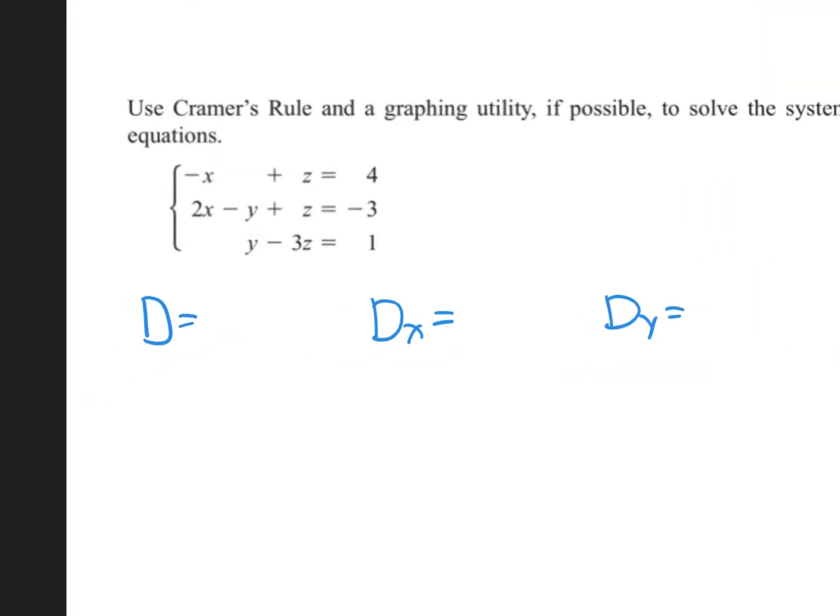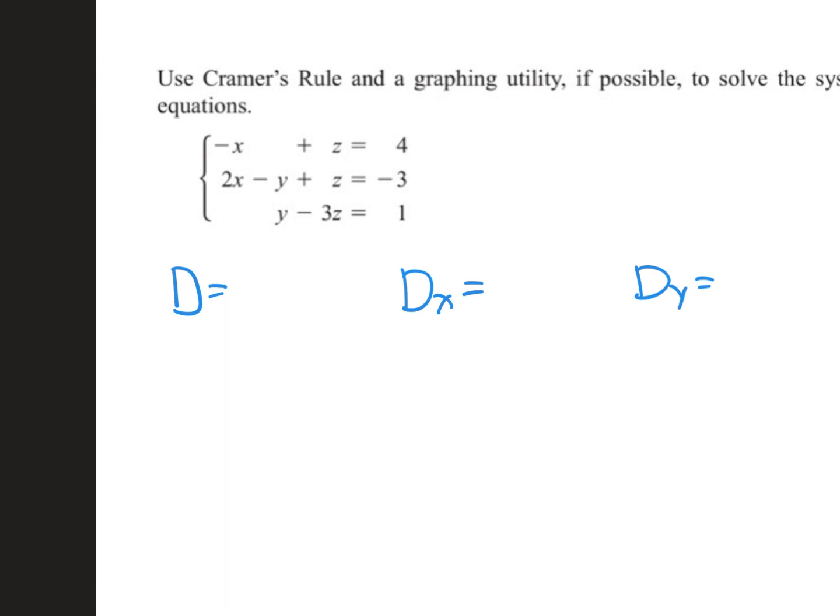Okay, so to find just our coefficient matrix, I have my coefficients. My coefficient for x is negative 1. Look, guys, if there's nothing there, put 0x. You can put 0y, little placeholders. So I have negative 1, 2, 0. And then I have 0, negative 1, 1. And then I have 1, 1, negative 3, right?